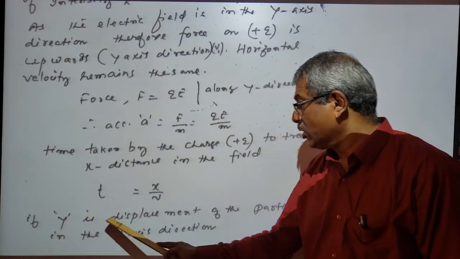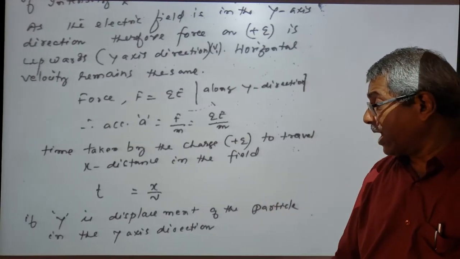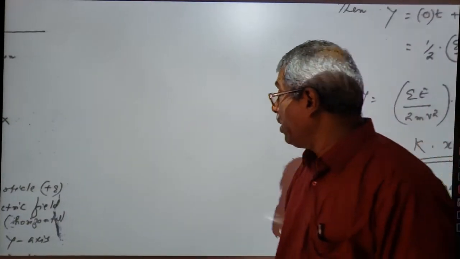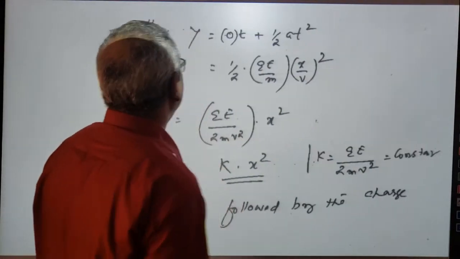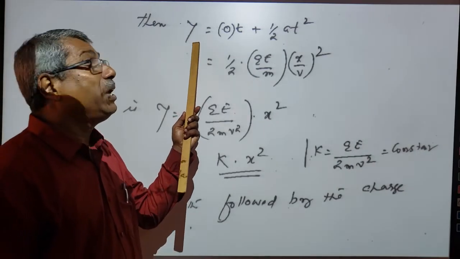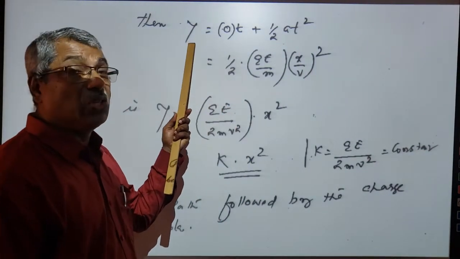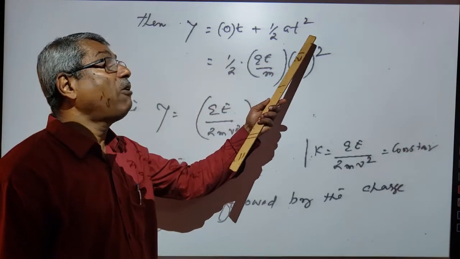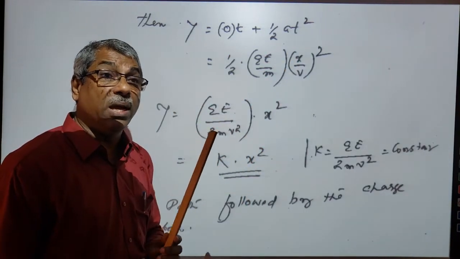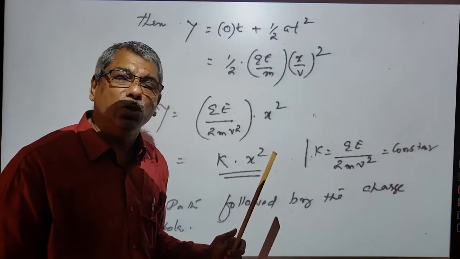If y is the displacement of the particle in the y-axis direction, then we can write the equation along the y-axis: y is equal to 0t plus half a t square. Why 0t? Initially, the velocity was totally horizontal.